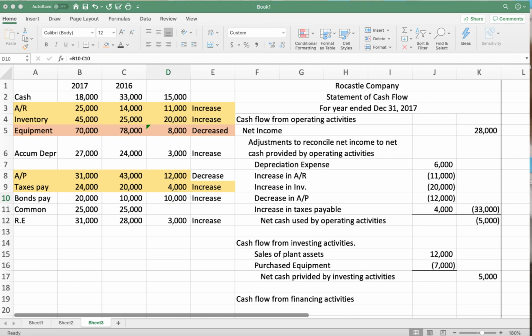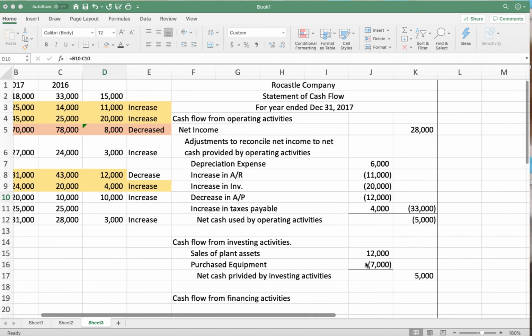Well, the problem tells us somewhere. Bear with me here. I know it's here. I just need to find it. Number 2, dividends. $25,000 were declared and paid. I read it somewhere.